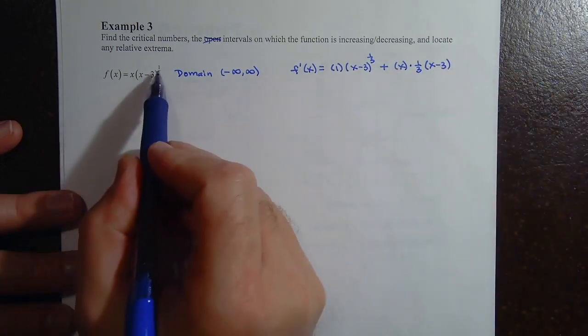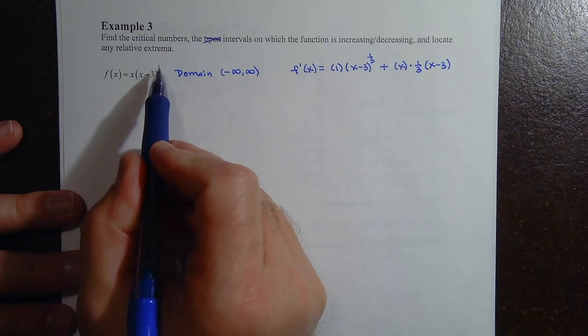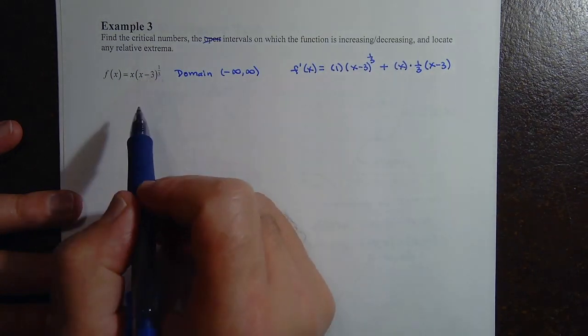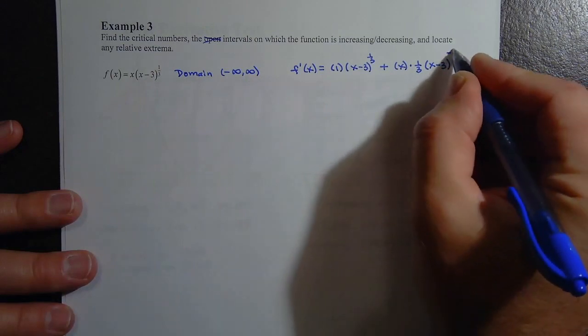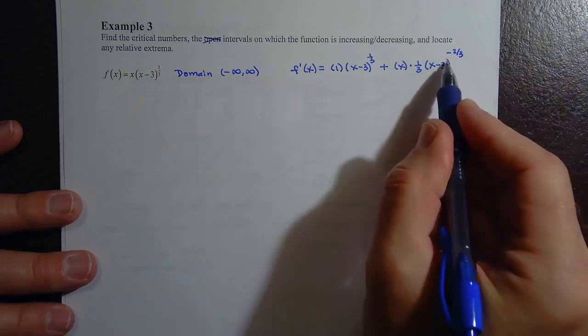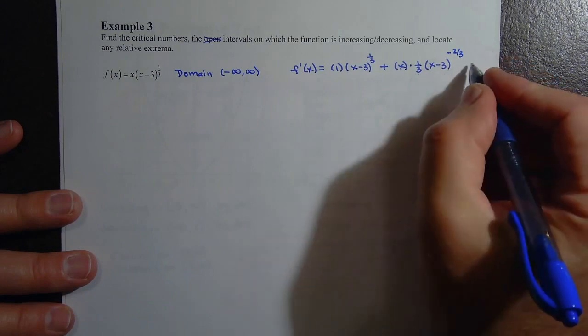Then we subtract 1 from the power, so we subtract 3/3 from our 1/3 power. That gives us -2/3. And then times the derivative of the inside, which would be 1.